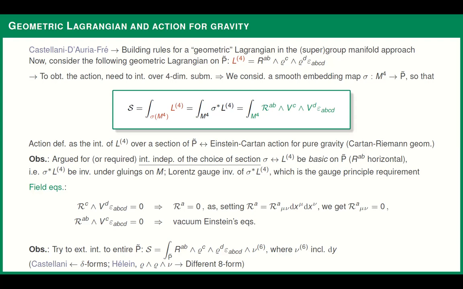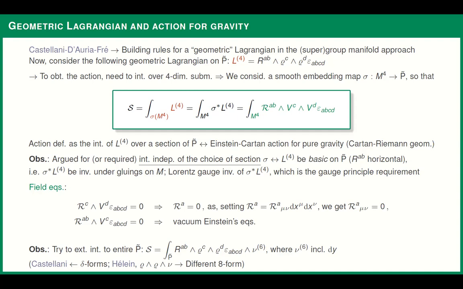It was suggested to be written in this way, with a 6-form that now also includes dy differentials referring to the vertical Lorentz directions.